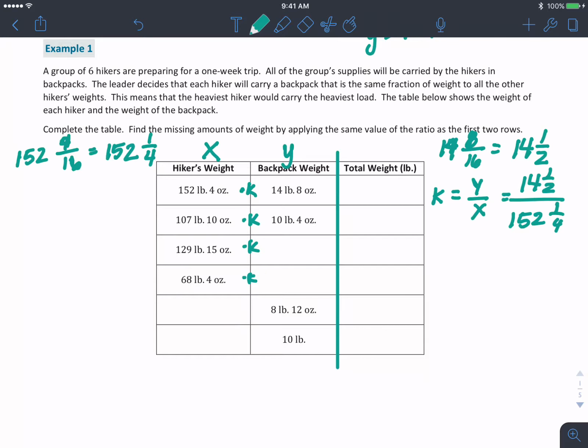So 14 times 2 plus 1 is going to be 29 over 2. And remember, we have to do our keep change flip, but let's write out this first. 4 times 152 is 609 over 4. All right, I'm going to do my keep change flip.